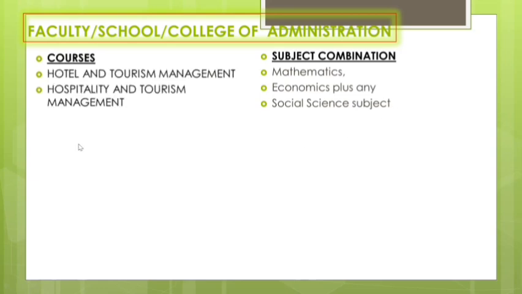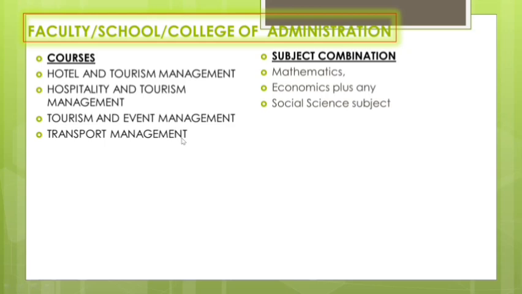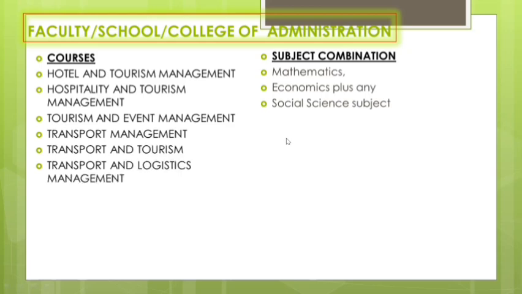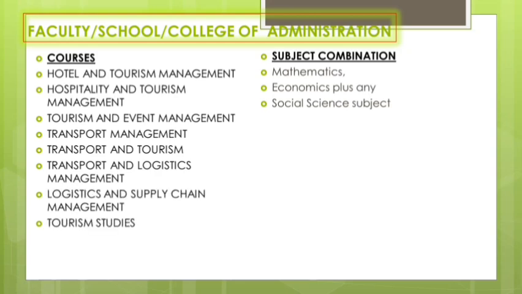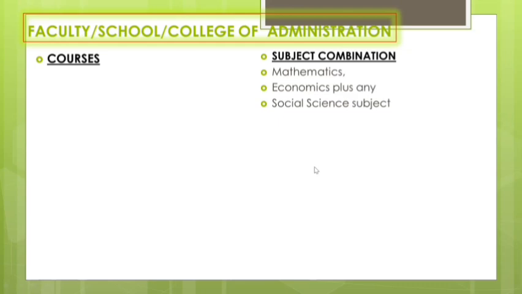For candidates applying for hotel and tourism management, hospitality and tourism management, tourism and event management, transport management, transport and tourism, transport and logistics management, logistics and supply chain management, tourism study, aviation management, and aviation security. Your JAMB subject combination include mathematics, economics, plus any social science subject.